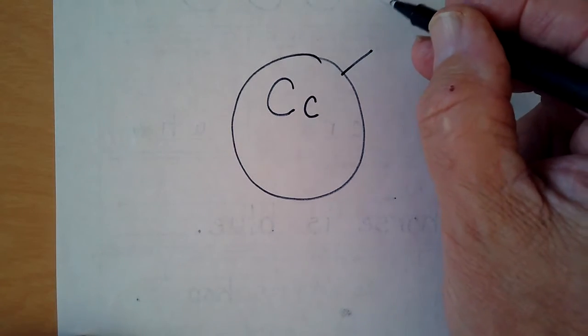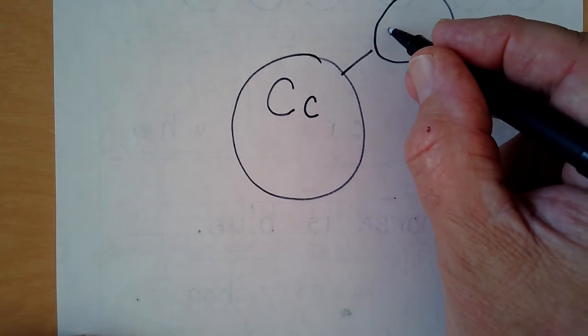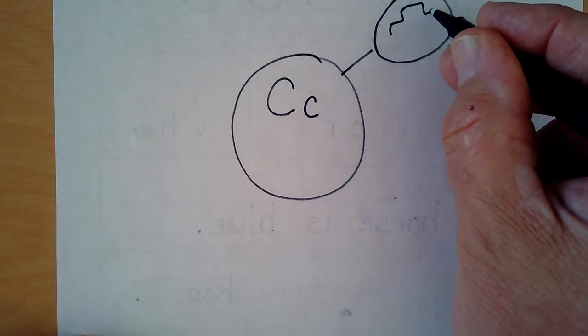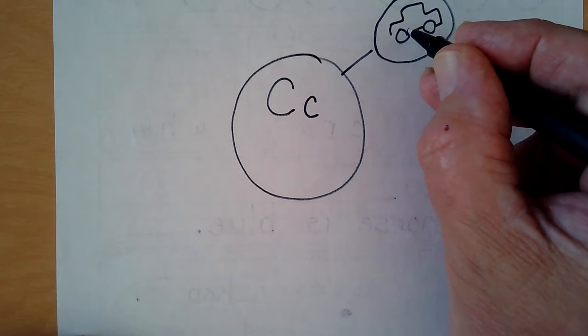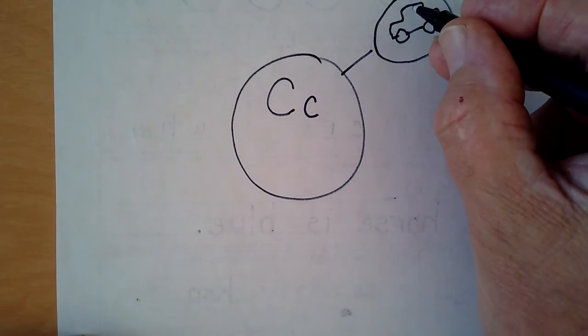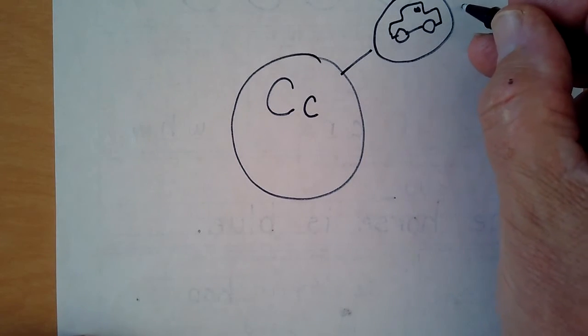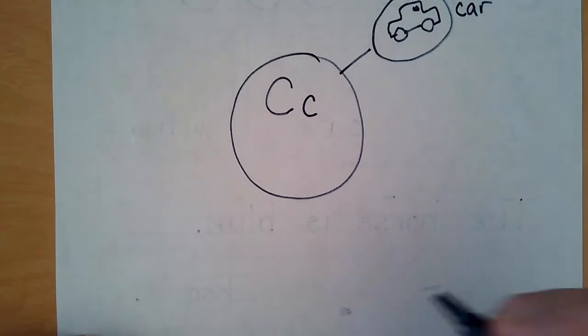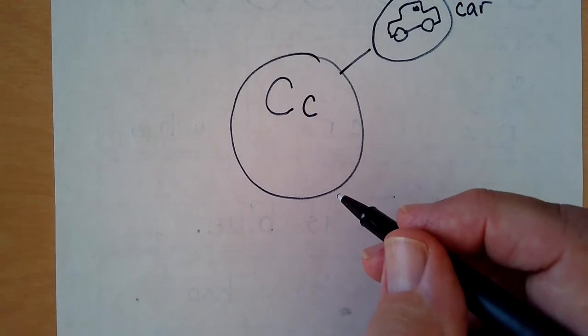Let's see. I want to draw a picture. I'll do this up and over and down. And there's a wheel. And there's a wheel. Boys and girls, I made a car. Let's see. What else could I have for C?